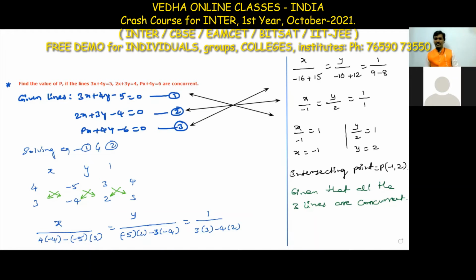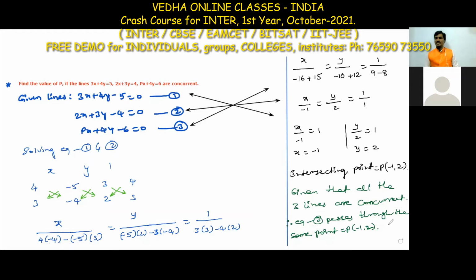Therefore, equation 3 passes through the same point. What is the same point? That is P of minus 1 comma 2. If we substitute this point P in the equation, it satisfies.